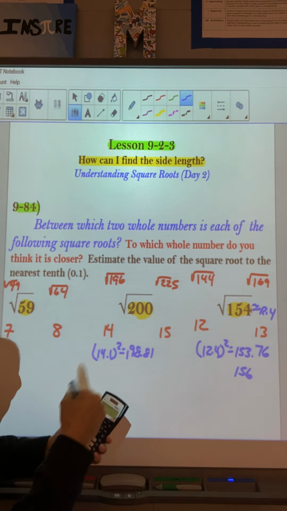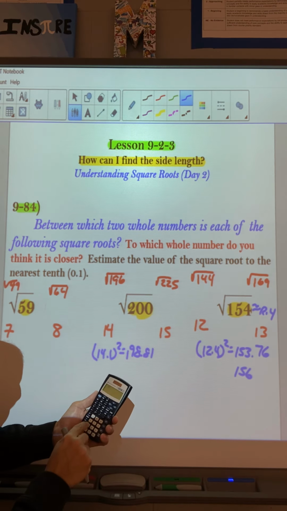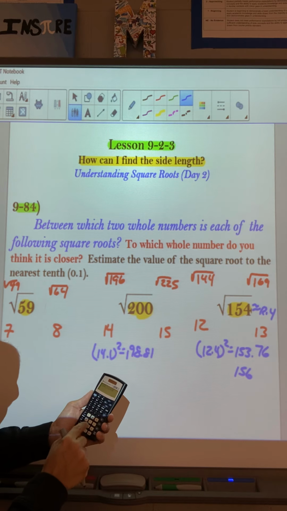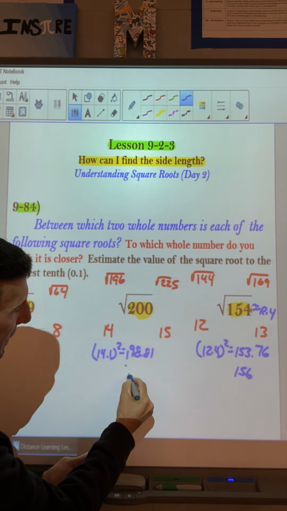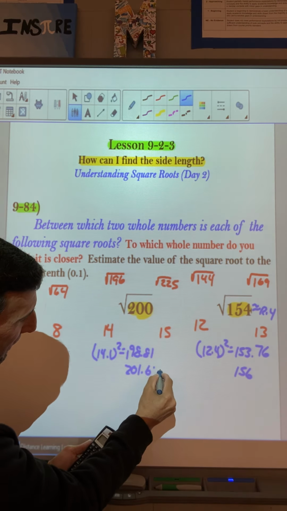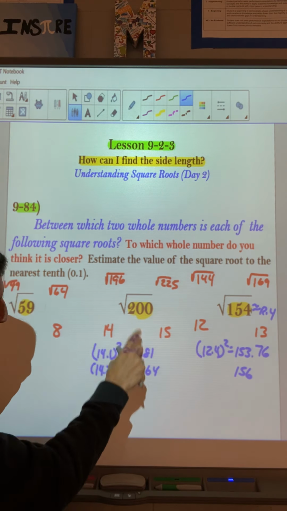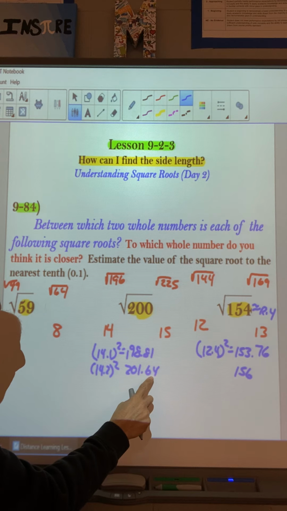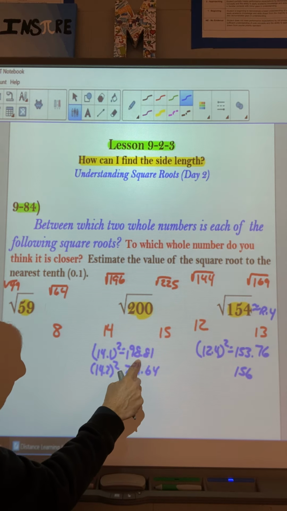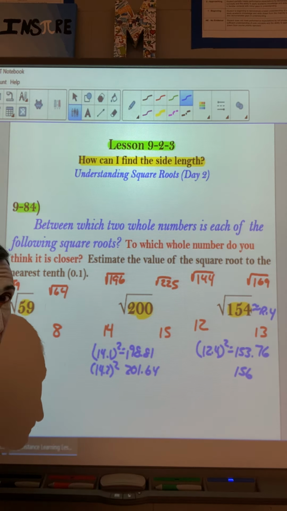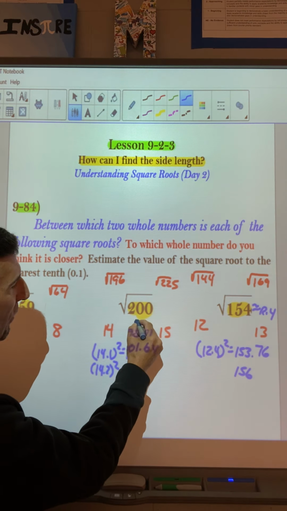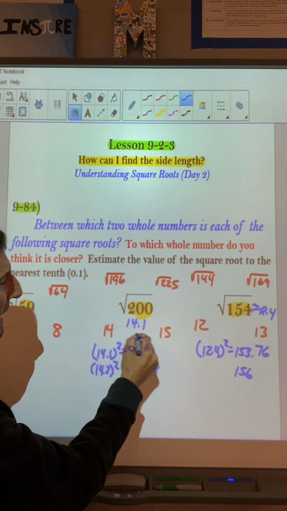So we're a little lower, so let's go a little higher. 14.2 times 14.2 equals 201.64. So which one's closer? This is 1.64 away. This is 1.19 away. So 14.1 is going to be my approximate.